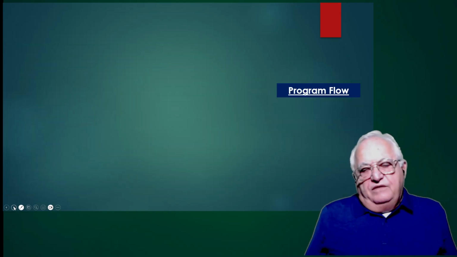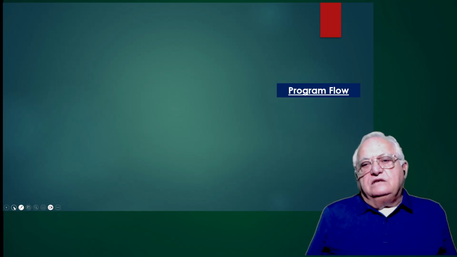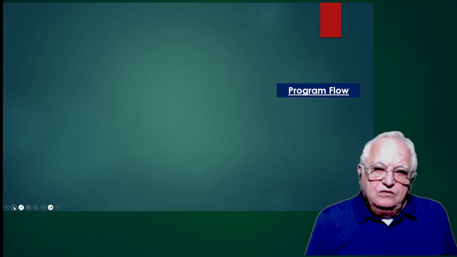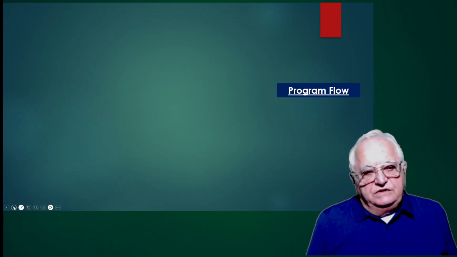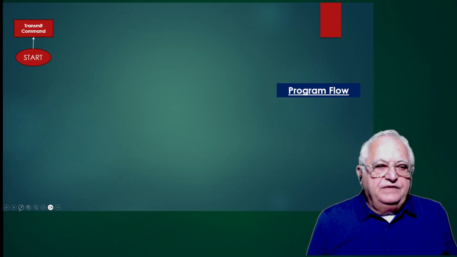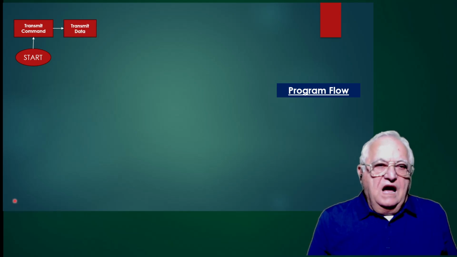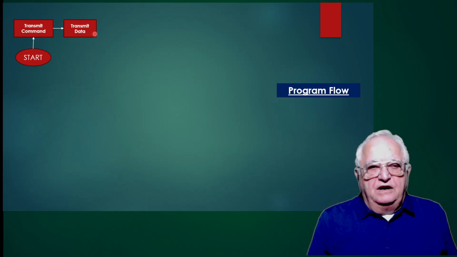Okay, so now we know how to handle our commands. We know how to handle the colors. So let's look at the flow, how the controller communicates with the display. We start, and the first thing we do is send a command. Next, follow the data.